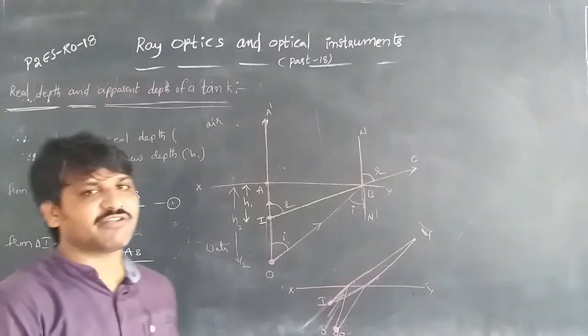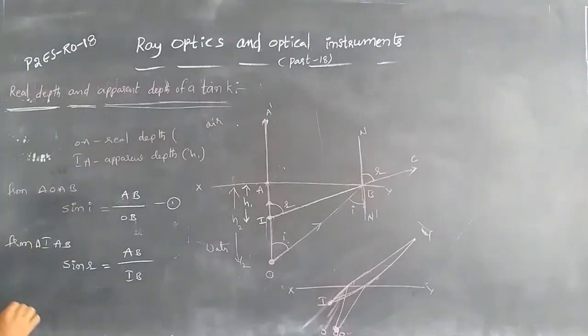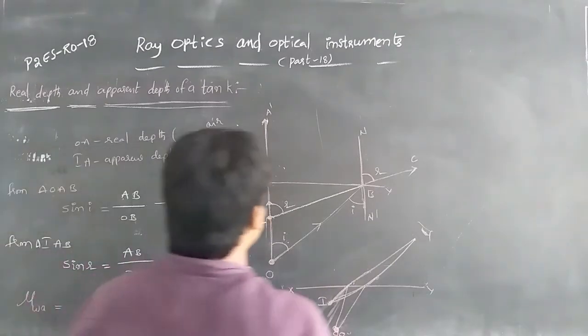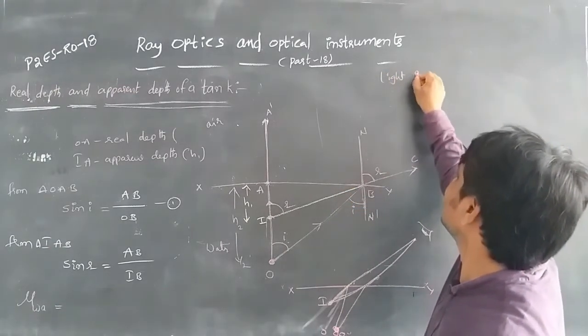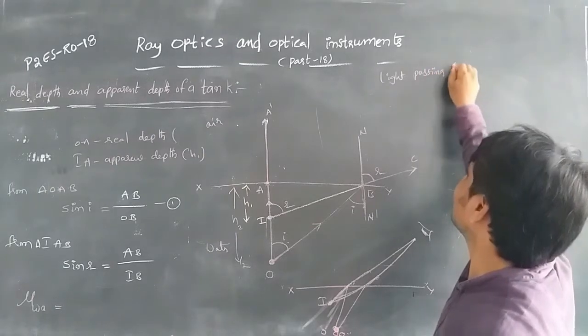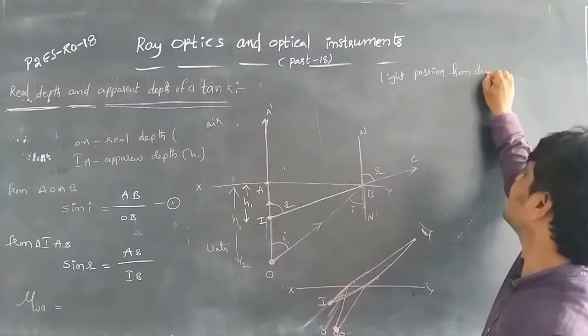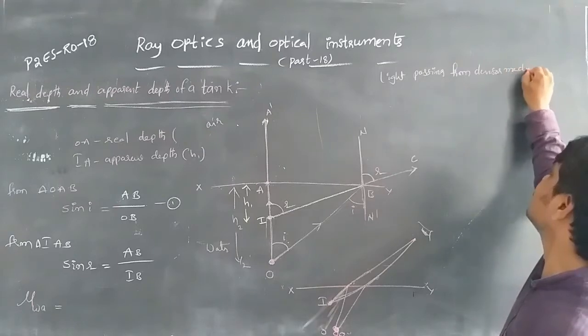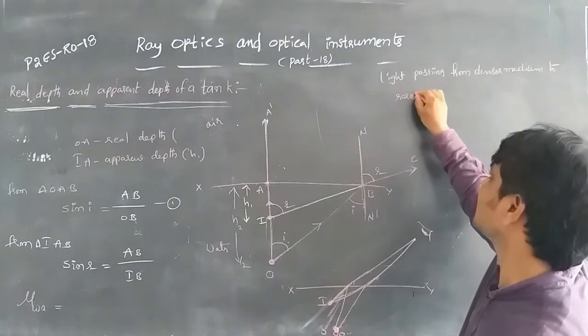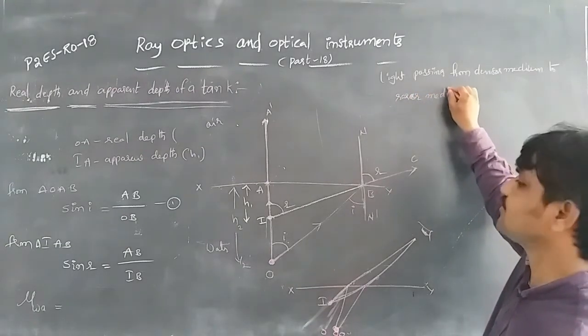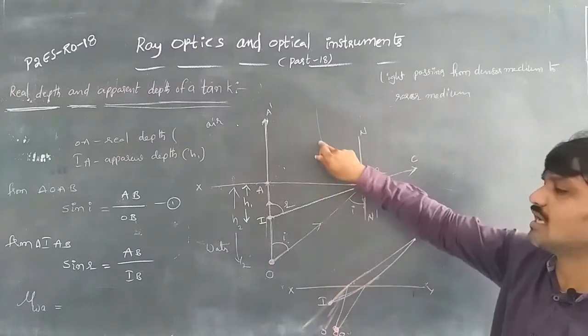To find the refractive index of water with respect to air, here the light is passing from the denser medium to the rarer medium, that is, from the water to the air.